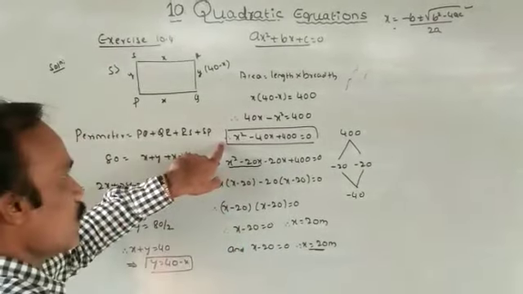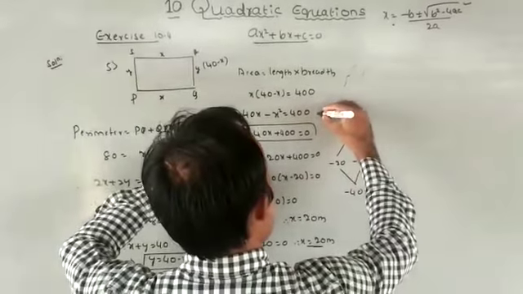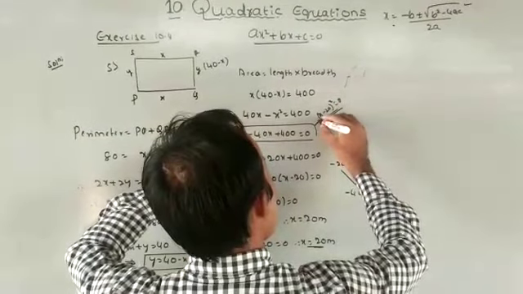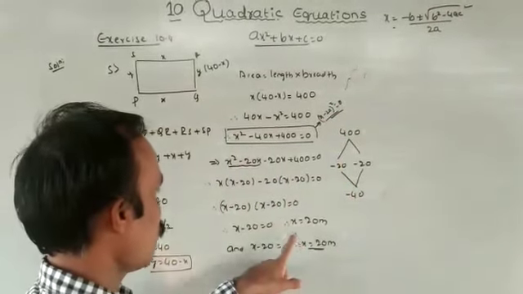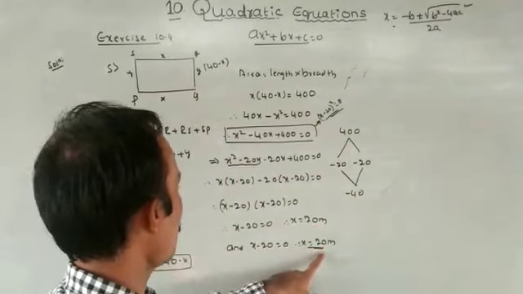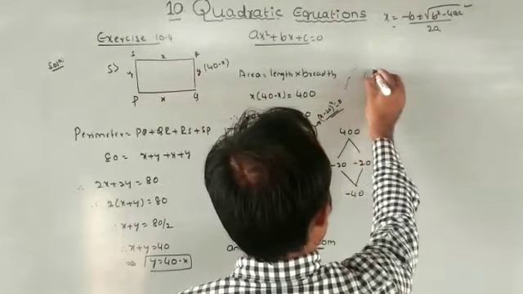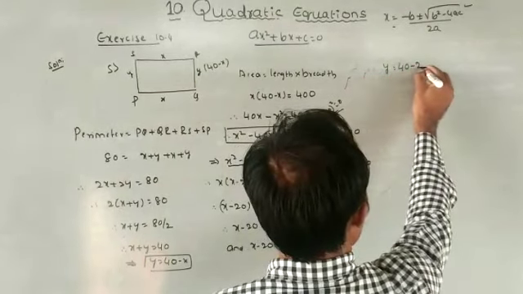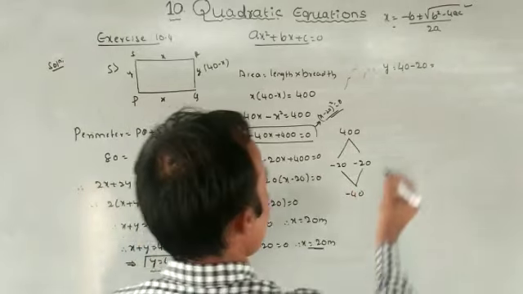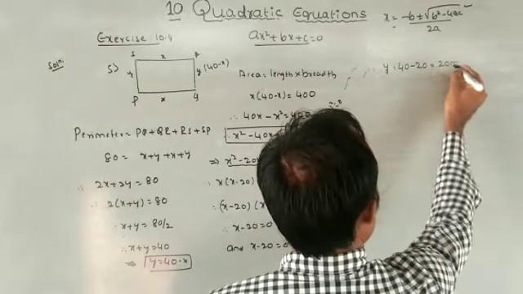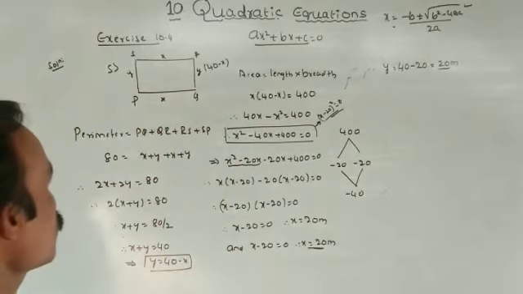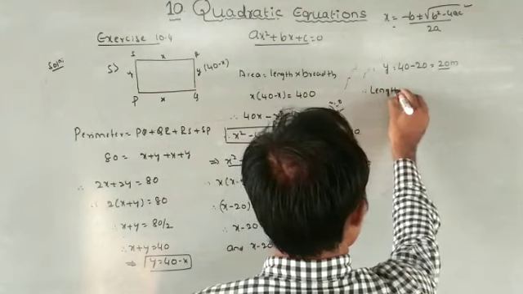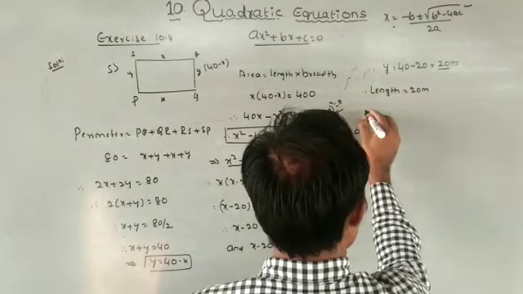That's the right formula. x is equal to minus b, minus of minus 20, plus or minus root of b square, minus 20 square, minus 4, a value 1, c value 112, divided by 2a, 2 into 1. Therefore, x is equal to 20 plus or minus root of 20 square 400 minus 112 into 4, correct?